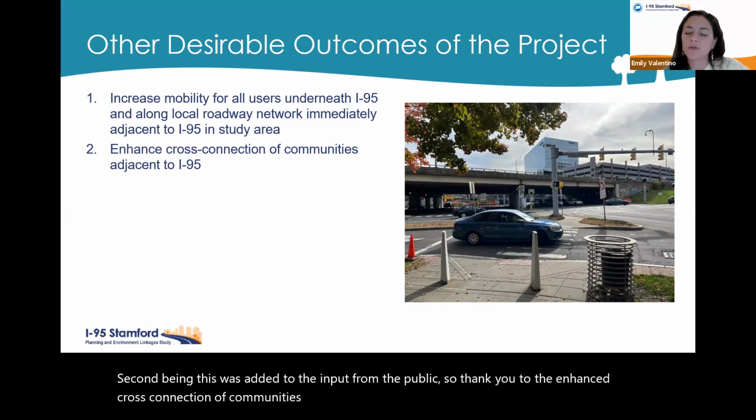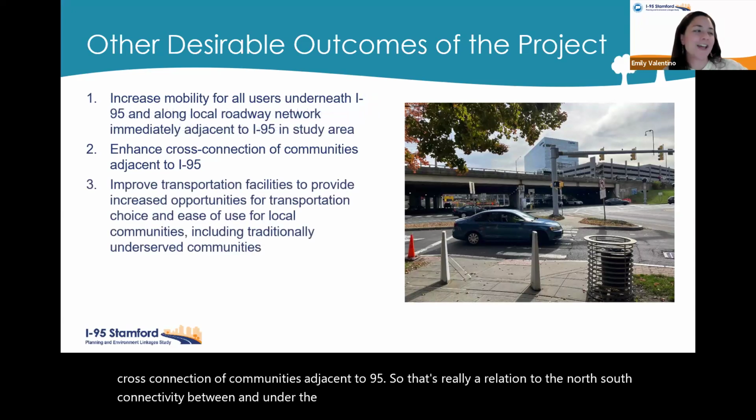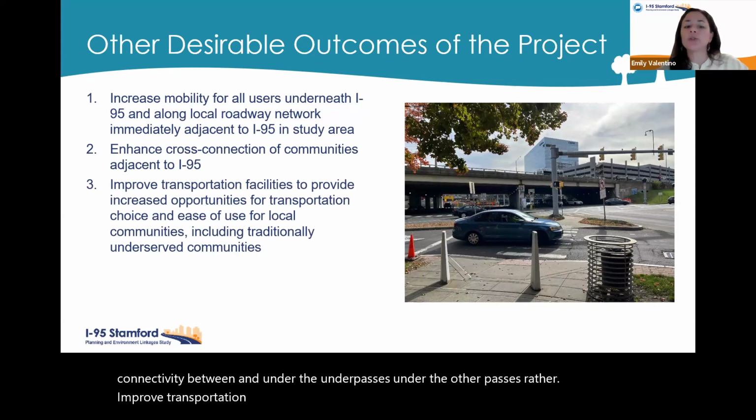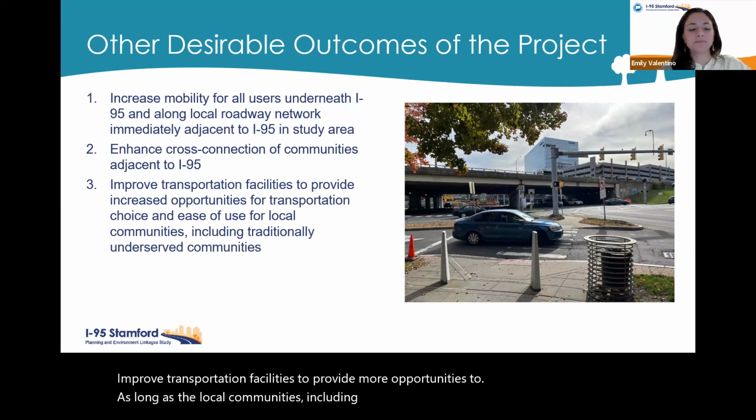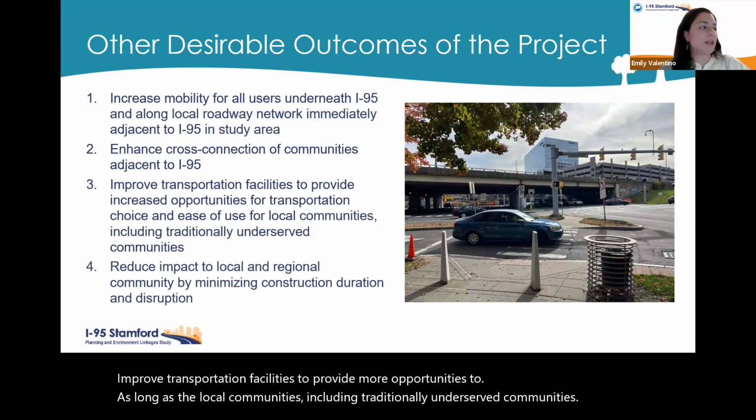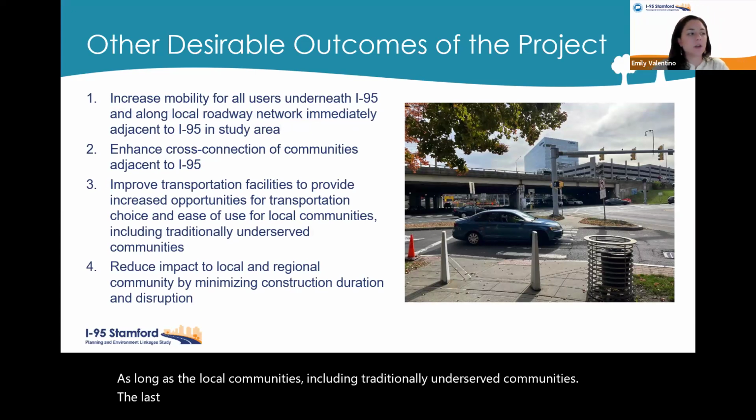That's really in relation to the north-south connectivity between and under the underpasses, under the overpasses rather. Third bullet, improve transportation facilities to provide more opportunities to use these facilities, and of course, ease of use as well for the local communities, including traditionally underserved communities. And the last point being to reduce the impact to local and regional community by minimizing disruption during construction.